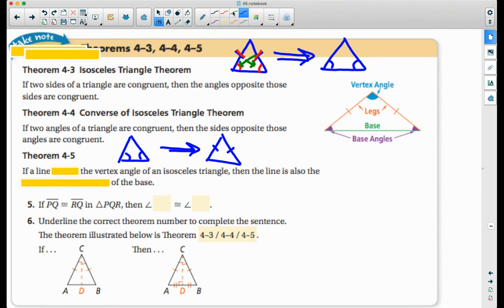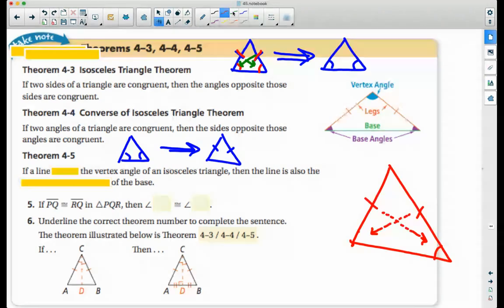Because of theorem 4.3 and its converse, theorem 4.4. So once again, if I have an isosceles triangle, the angle that is opposite this side and the angle that is opposite this congruent side, those are the angles that are congruent to each other.